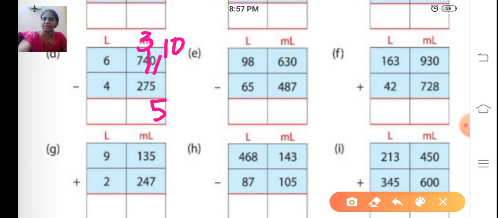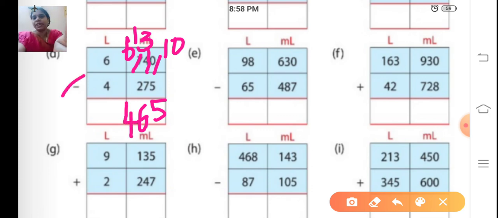Can you subtract 3 minus 7? So again borrow. So 7 will become 6. So this will become 13. 13 minus 7. After 7: 8, 9, 10, 11, 12, 13. So 6. Next, 6 minus 2. After 2: 3, 4, 5, 6. So 4. 465. Then move on to the next one.